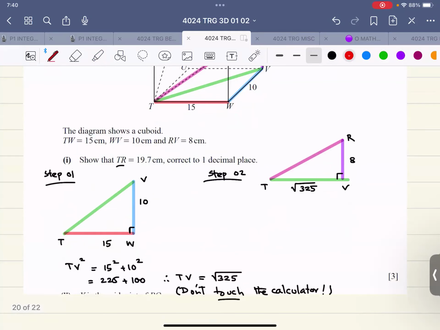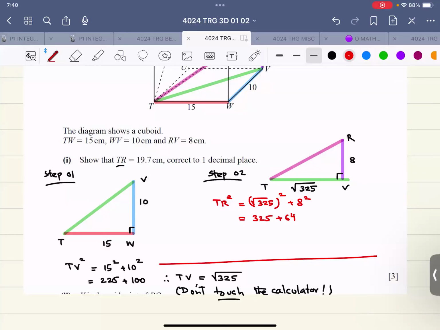Now, let's see how I have preserved the accuracy of the question. TR square is equal to square root of 325 squared plus 8 squared. That is 325 plus 64. So 325 plus 64, let me add it up and take the square root.